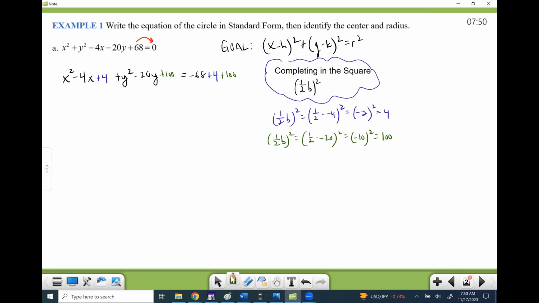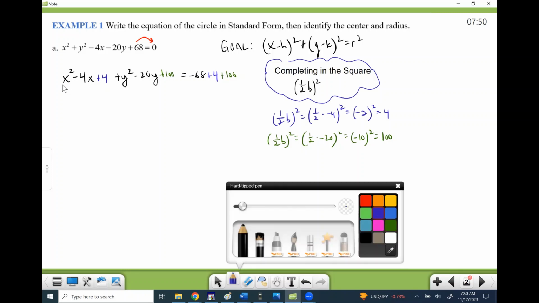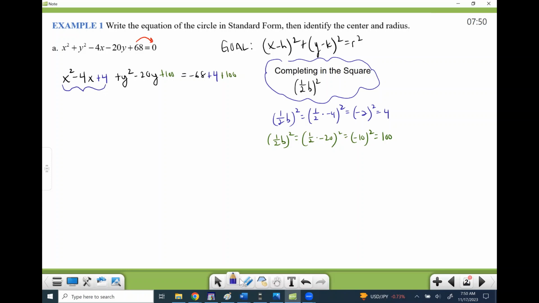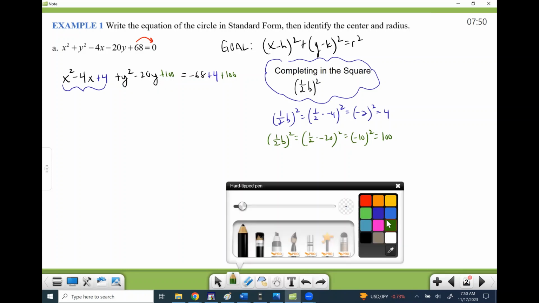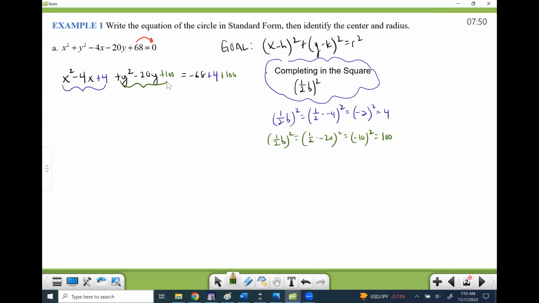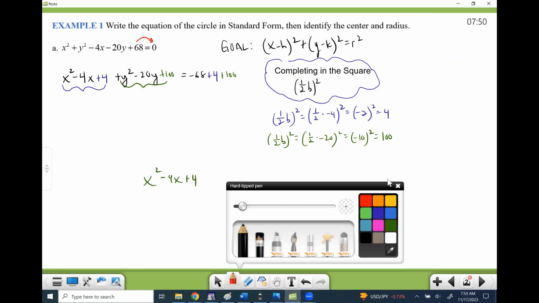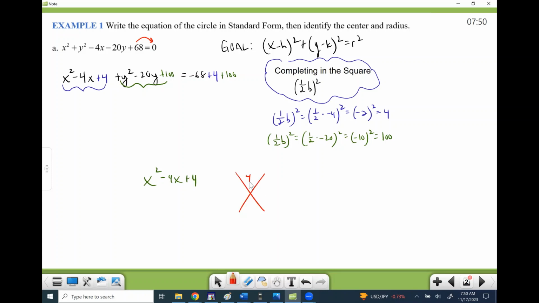Now we're going to factor each one of these trinomials. Remember, you can do it the way that we've been factoring all semester. Let me just take one of them. I'm going to erase this in a second. When we normally factor, we say, what are the factors of the last number that add up to the middle number?